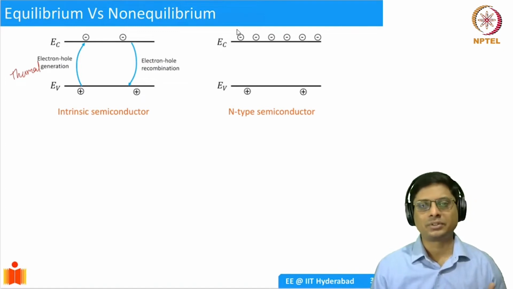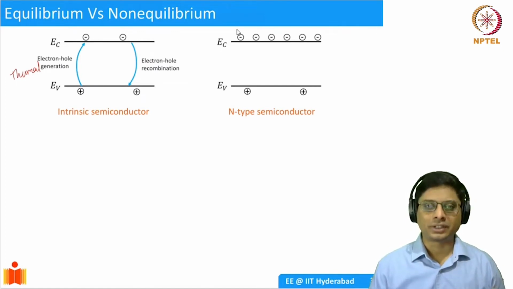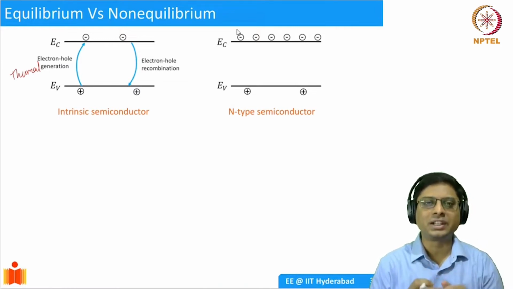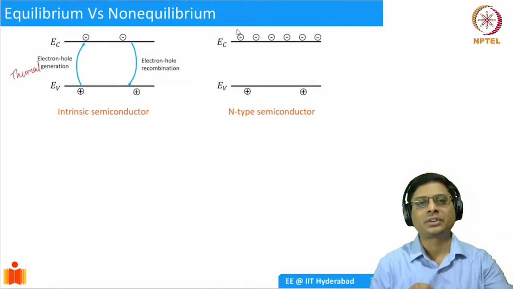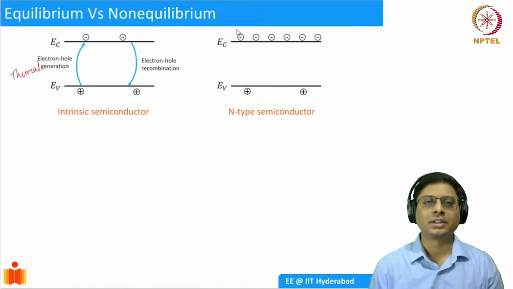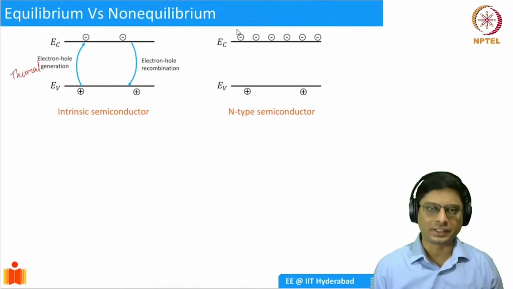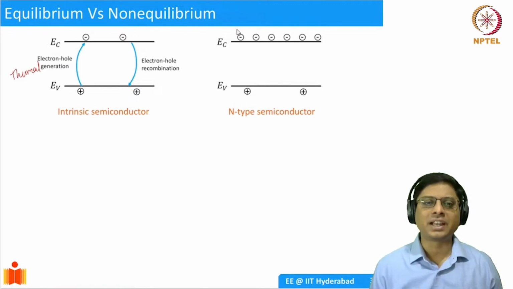When you have electrons in the conduction band and holes in the valence band, it is possible that at some points you have electrons and holes at the same location physically, and then they can recombine. Essentially, the electron gets absorbed into the bond. So the electron-hole pair is annihilated, and because of that, we have the intrinsic carrier density.